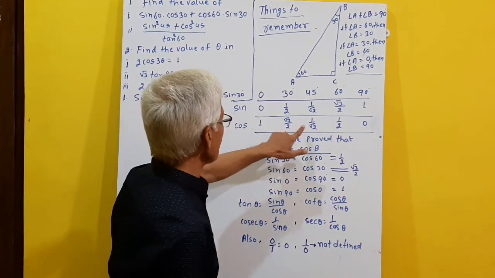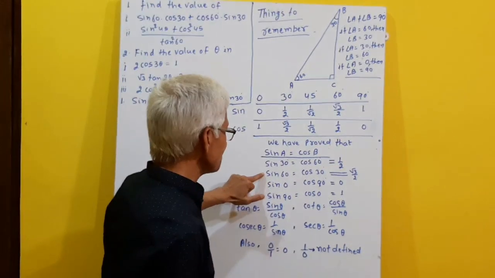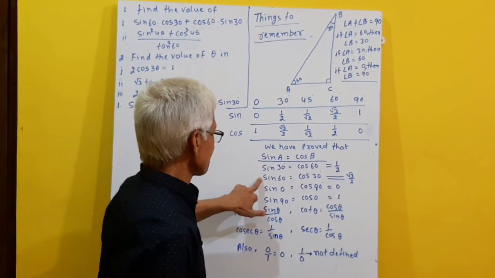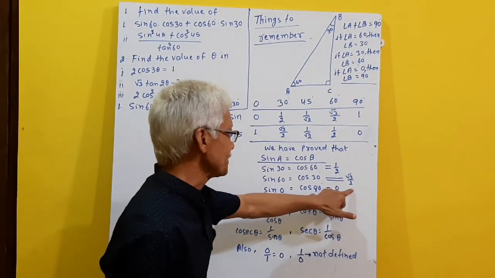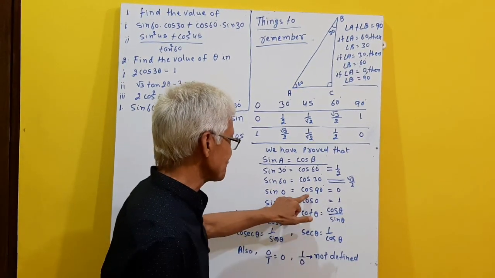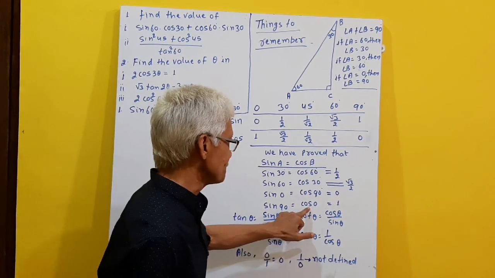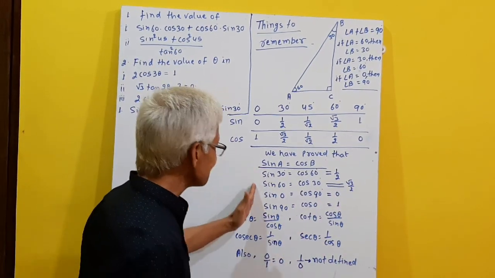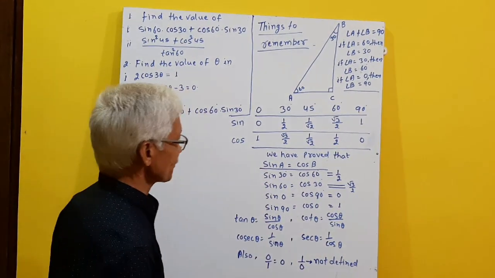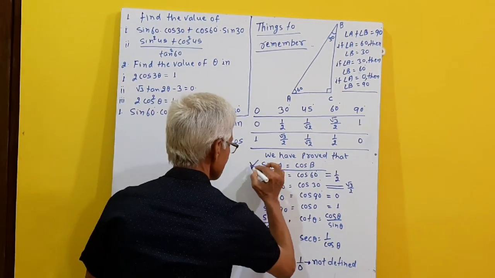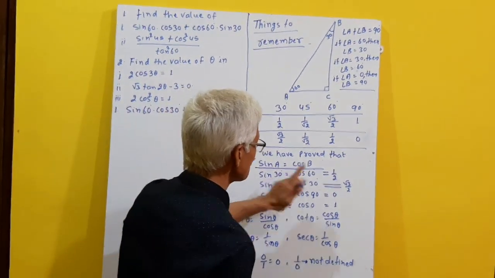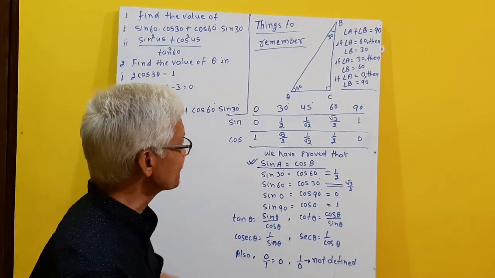Sin 60 and cos 30 are root 3 upon 2. Sin 0 and cos 90 are 0. Sin 90 and cos 0 are 1. These are the relations, and we have to remember this equation, sin A is equal to cos B. Then it will be easy for you.